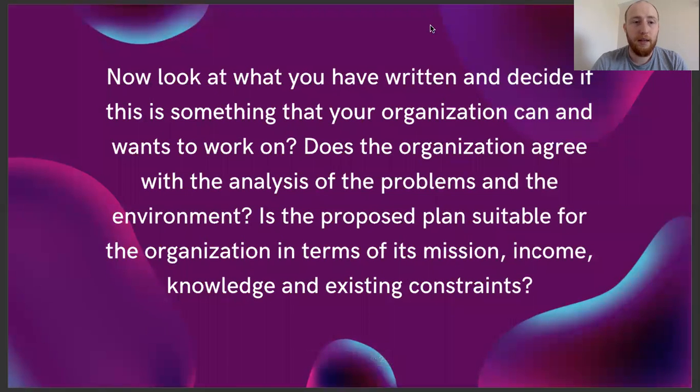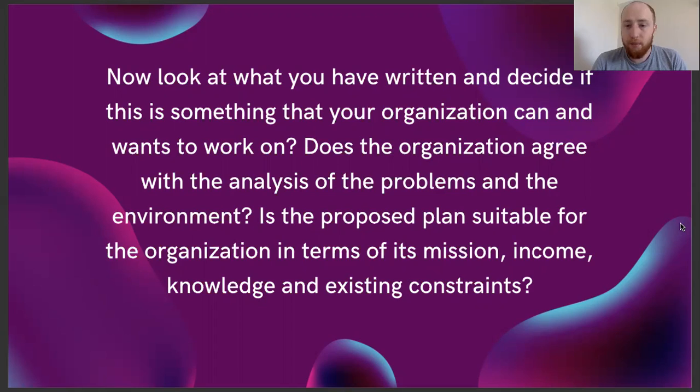And in the very end, after you finished all this process, you look at everything you have written and decide if this is something that your organization can or wants to work on. Do you really agree with the analysis of the problems and environment that you have made before?